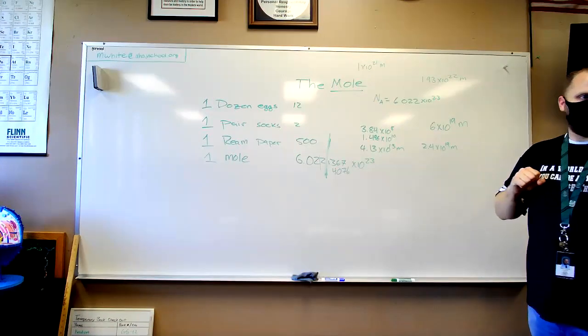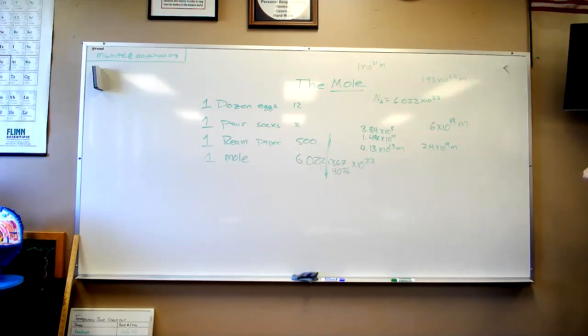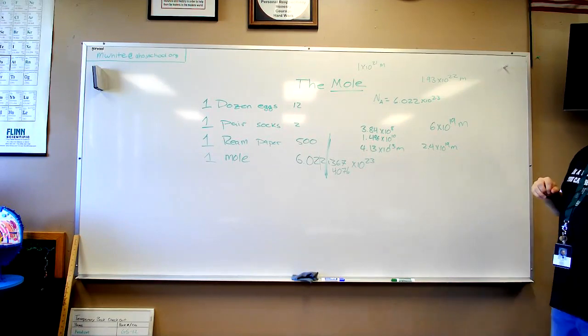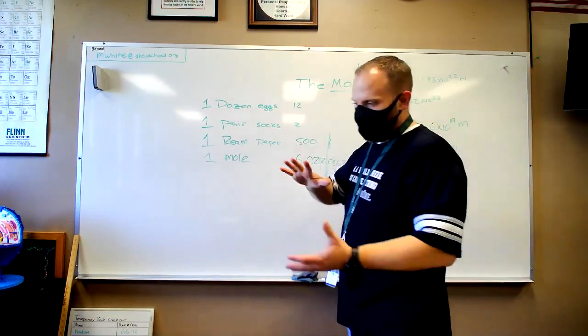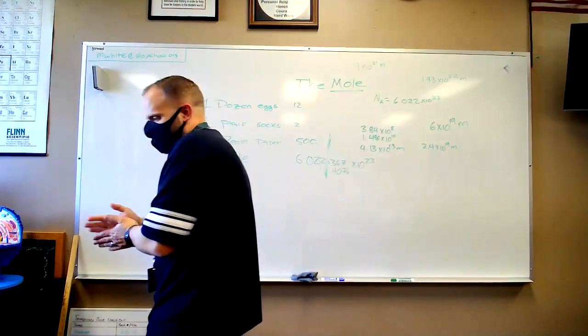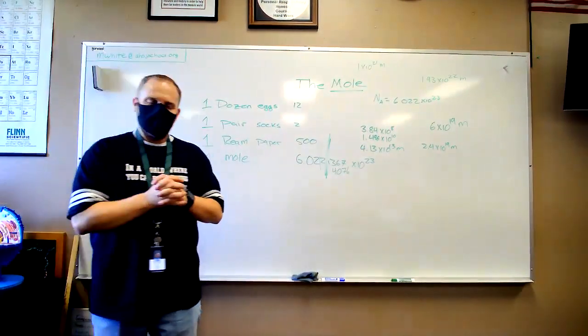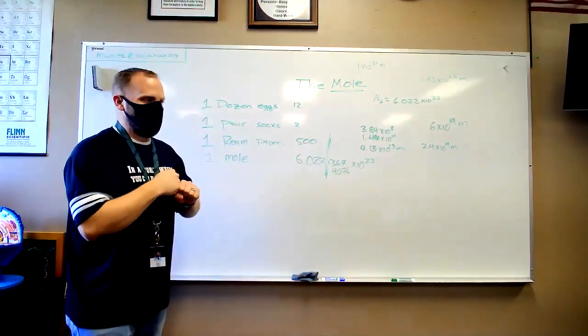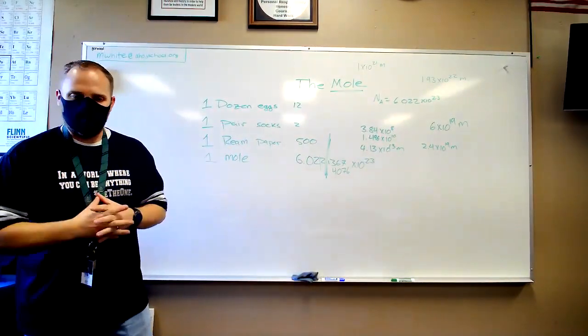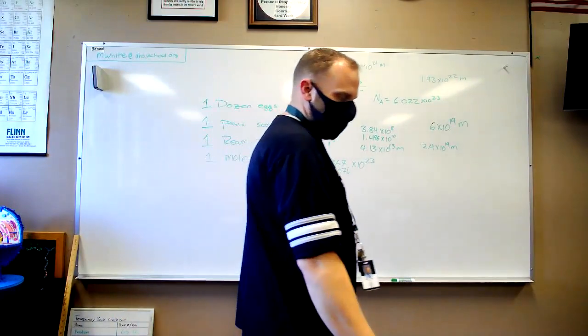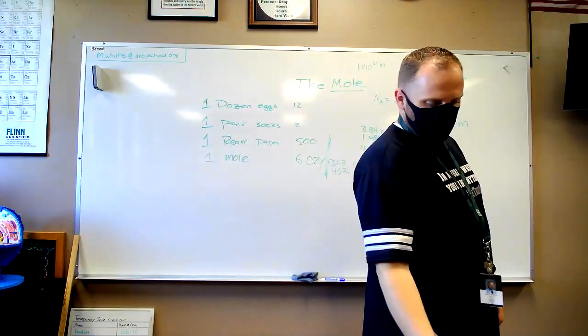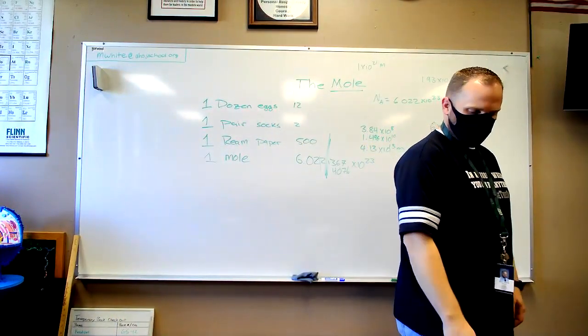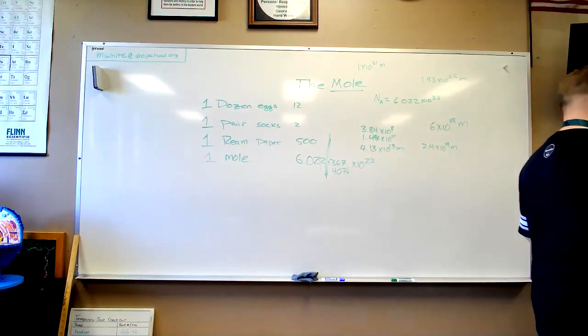It's just a number. So that's the mole. And we use it all the time in chemistry. That's why we want to really make sure you understand what we're talking about. Because this concept of what a mole is going to come back over and over and over.